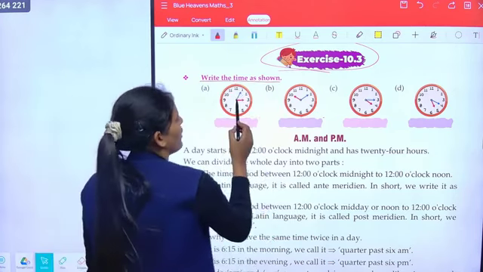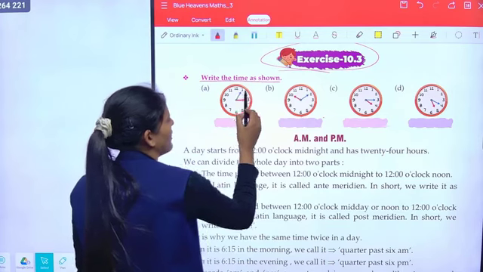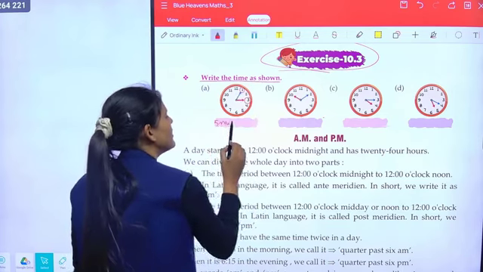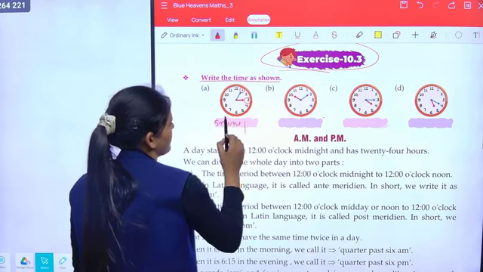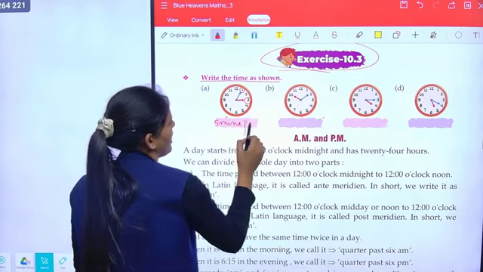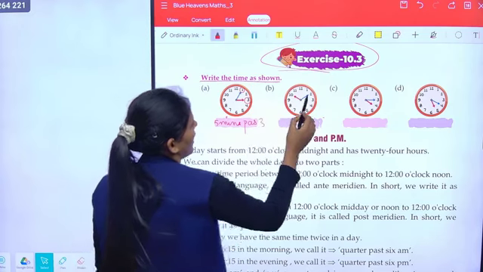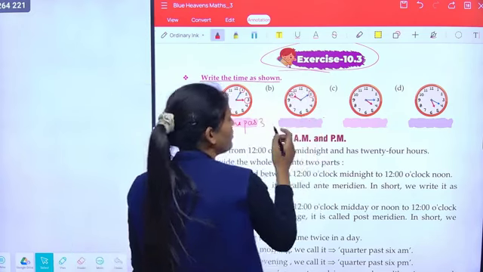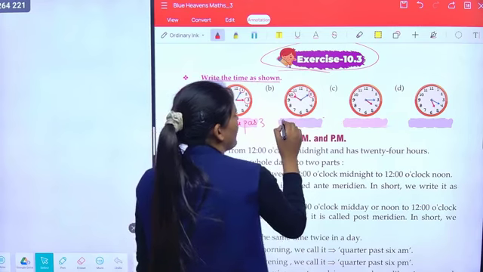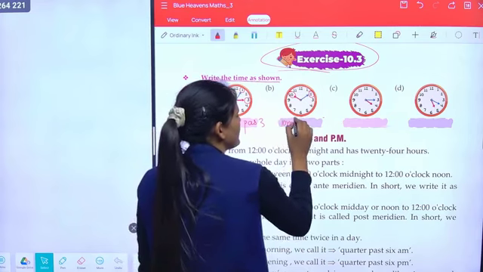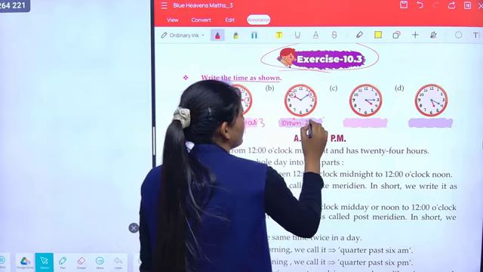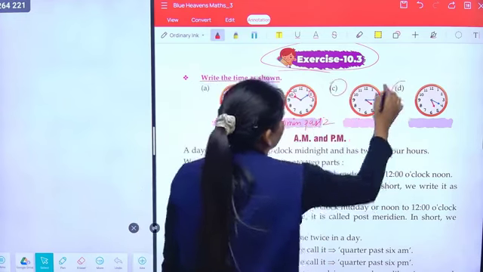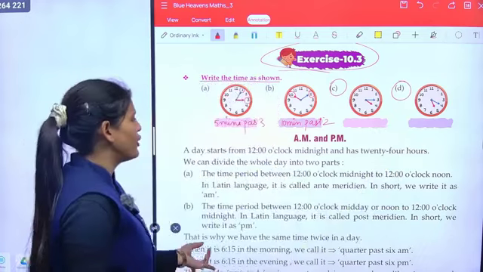The shorter hand is on 3 and the longer hand on 1, so it means 5 minutes past 3. And shorter on 2 and longer on 2 means 10, so 10 minutes past 2. Rest of the parts do yourself.